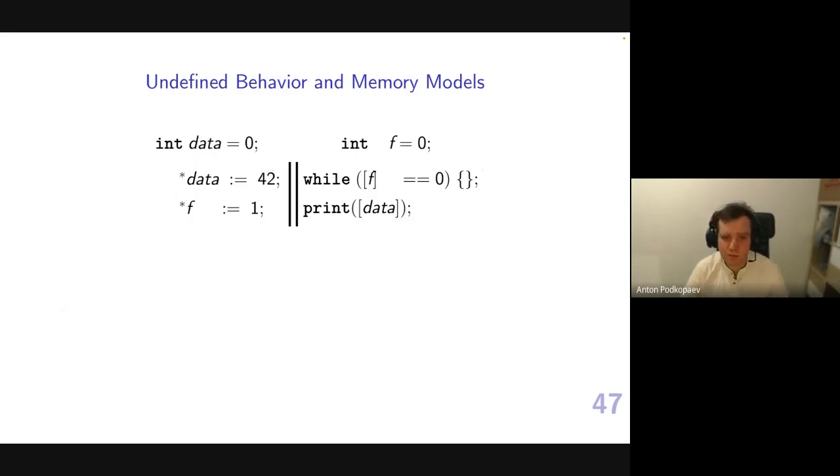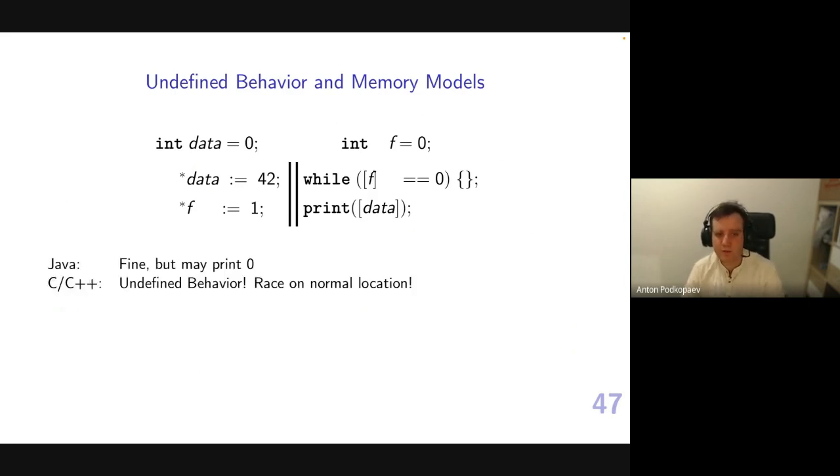If we write the program like this in C++ with data and f being normal int variables, then it would lead to undefined behavior. The reason is that there is a data race between accesses on normal locations.